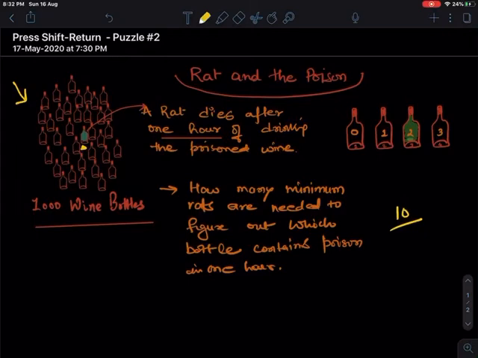What's really happening is that a rat dies after 1 hour of drinking the poisoned wine. Okay, so that's the problem. And the question is, how many rats are needed to figure out which bottle contains poison in 1 hour?